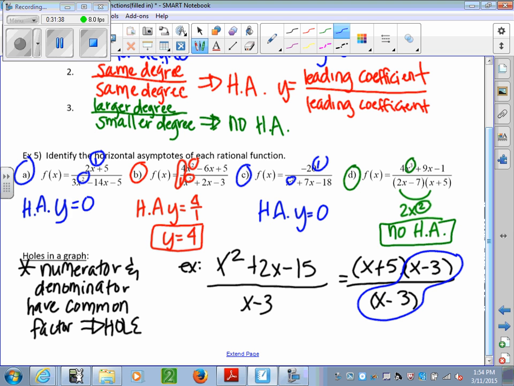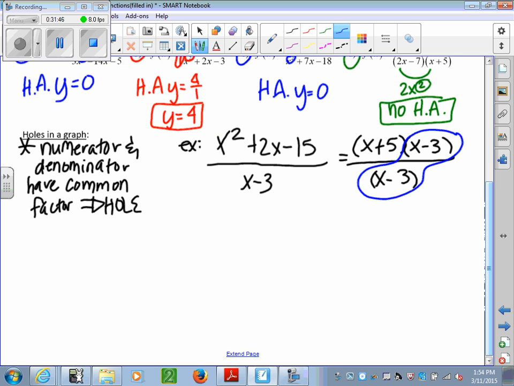When I have a common factor in the numerator and the denominator, that means I have a hole. So I set x minus 3 equal to 0, and I have a hole at x equals 3. I just solved by adding that 3 over.